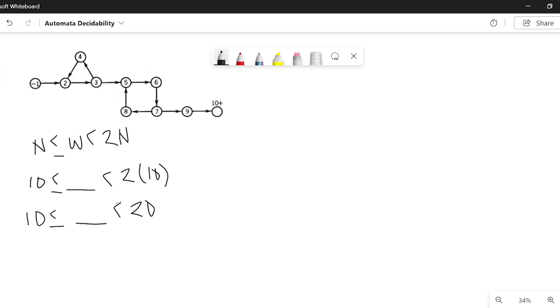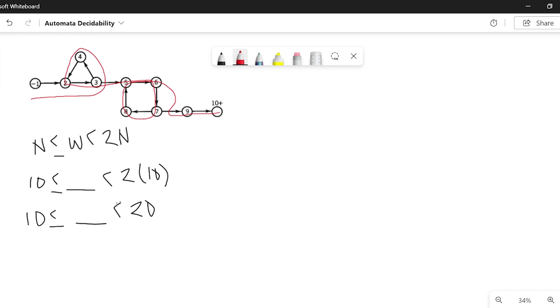Now let's try generating a word from this equation or from this circuit. Let's try to hit each state at least once. So let's do this sequence: 1, 2, 3, 4, 2, 3, 5, 6, 7, 8, 7, 8, then 7. There. Let's try to list that.